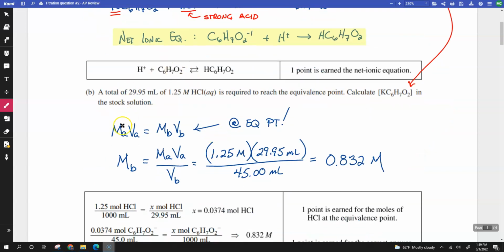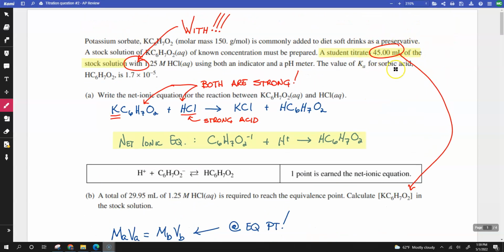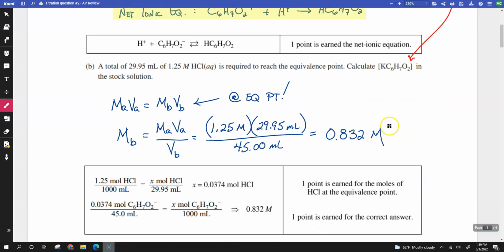So remember the MAVA equals MBVB equation, and again, this is only for at the equivalence point when the number of moles of acid equal the moles of the base. So we know we have 1.25 molar of hydrochloric, it's given. 29.95 milliliters, given. 45 milliliters, that was given right up here at the very beginning. So make sure that we're reading the information so we know how much we actually have.